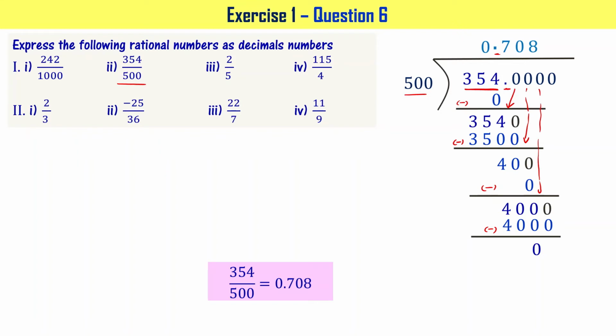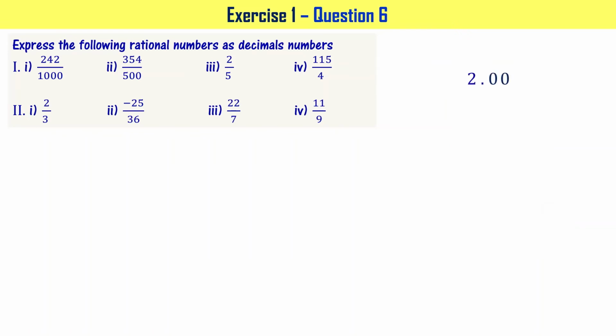Now let's look at the third problem, that is 2 by 5. 2.00, you can have more zeros also, divided by 5. So 2 is smaller than 5. So 0 times 5 is 0. When you subtract, you get 2 as the answer. Now the dot is there. Let the dot be present in the quotient also, right?